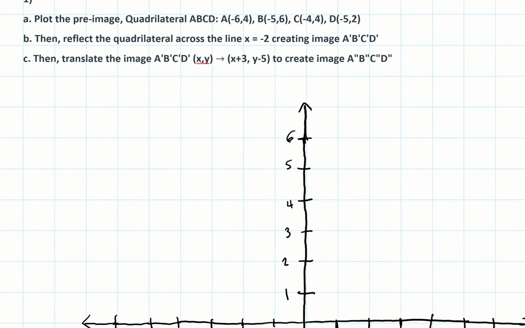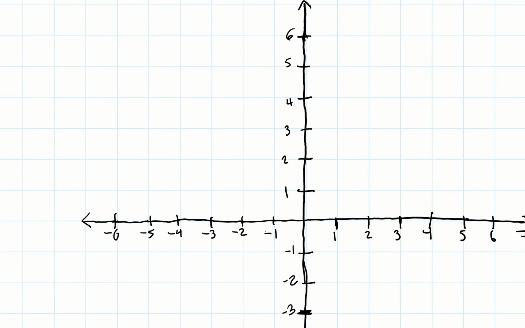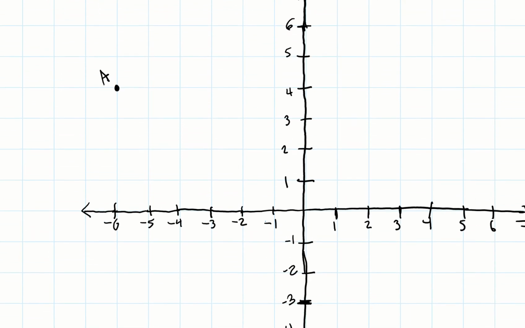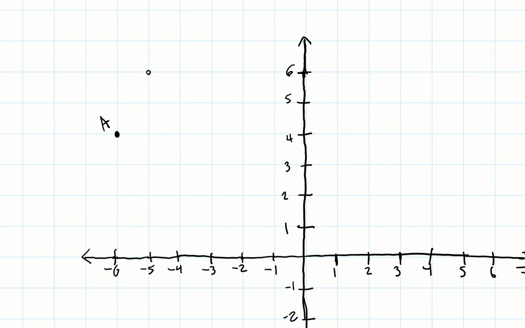So the pre-image is a quadrilateral ABCD, so we're going to plot A, which is negative 6, 4. B is negative 5, 6.